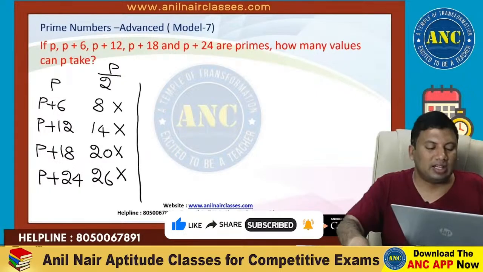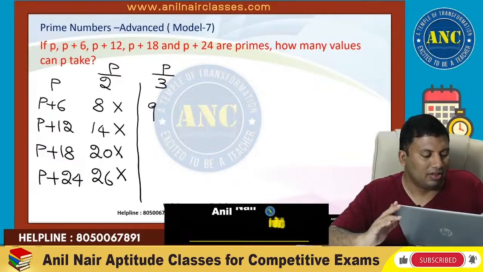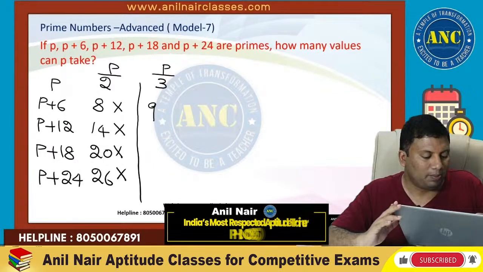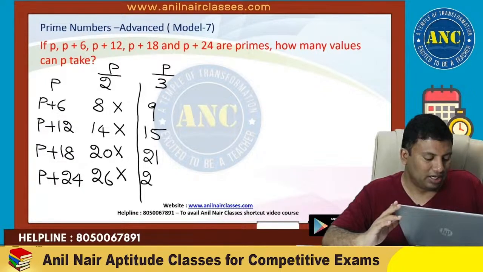Even numbers. Other than 2, there is no prime which is even. If it is 3: 3 plus 6, 9, plus 12, 15, 18, 21, 3 plus 24, 27. All are divisible by 3.